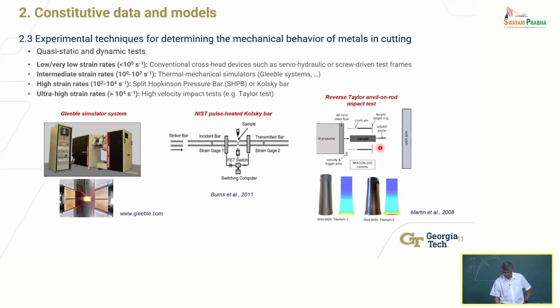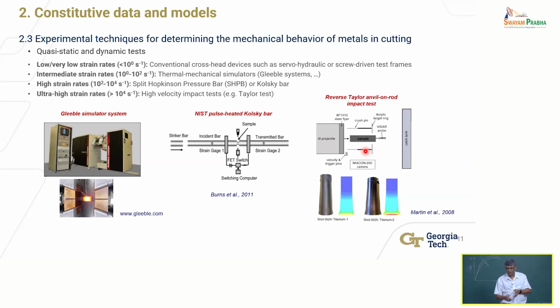Then there is something else called a plate impact. It's called a Taylor anvil on rod impact test. This is a very specialized test. Generally people who are interested in ballistic impact, what happens when a bullet or a rocket smashes into metal, or when you're designing things to shield a building from some sort of projectile impacting it, right?